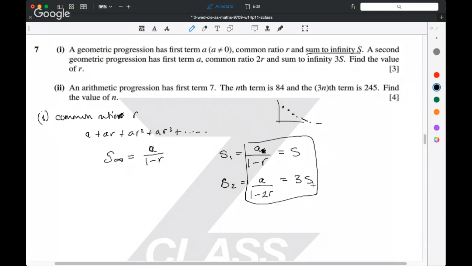What say we divide these by each other? Let's divide this one by this one. And we get that 3 is equal to (1 minus R) over (1 minus 2R). You can see that this can be solved for R pretty easily.